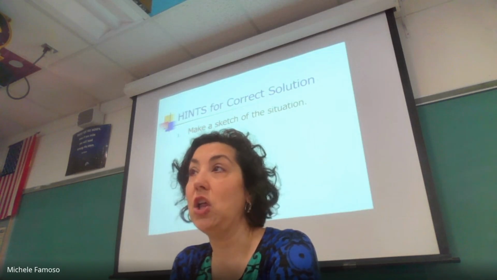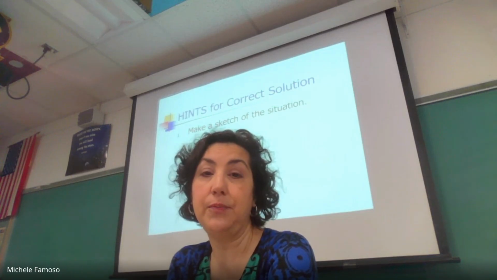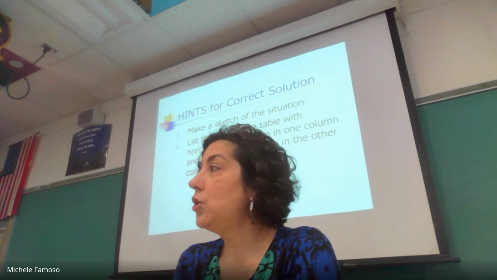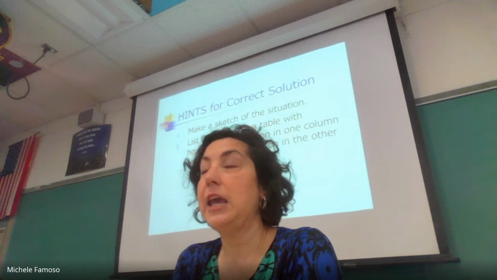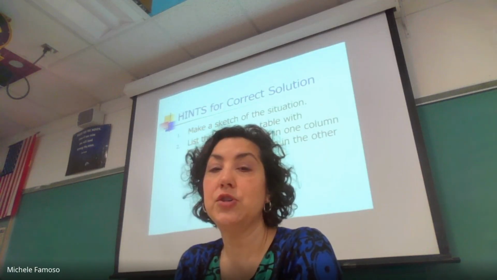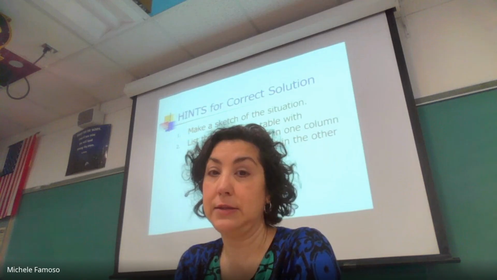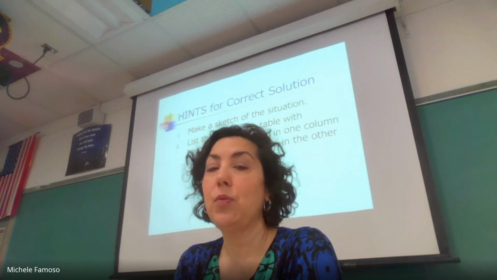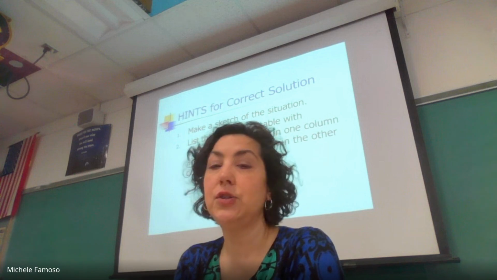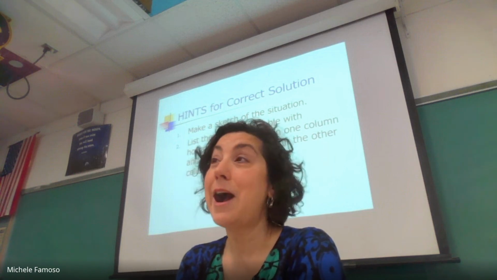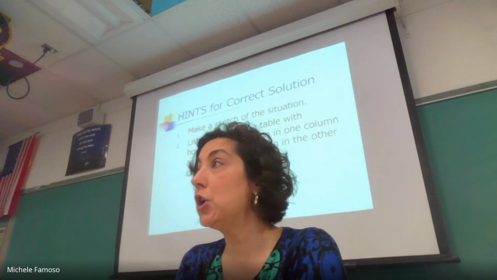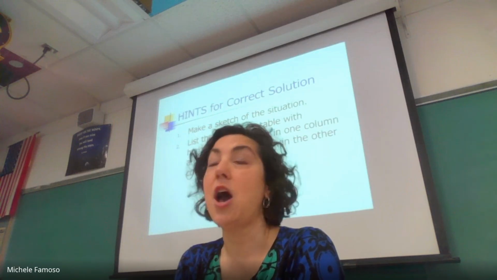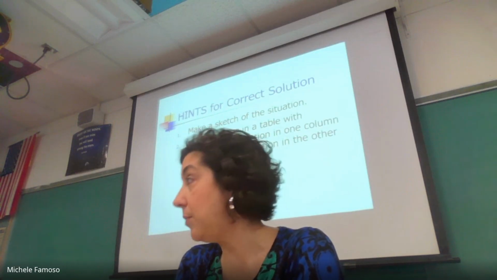The sketches all look the same for this type of projectile. Then you're going to go ahead and list your givens. But notice that the givens are now going to go into a table format. And we're going to put what we know about the horizontal direction in one column of the table and what we know about the vertical direction of motion in the other column of our table.